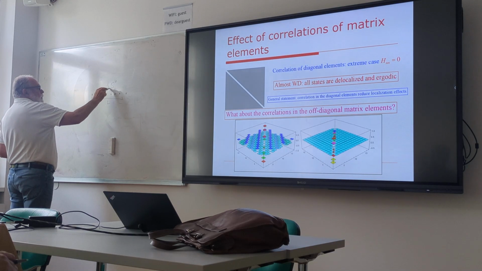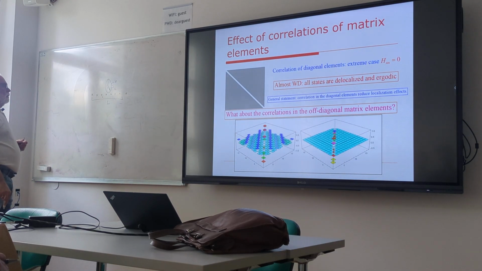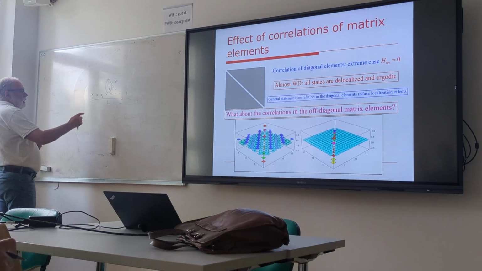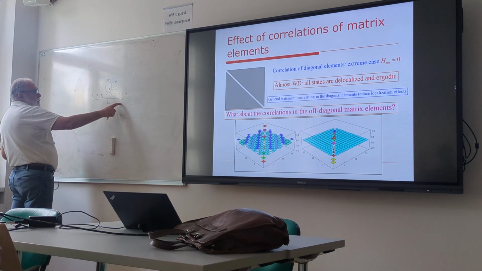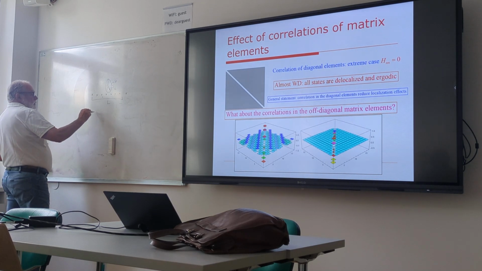So we have as many random numbers as the length of the system in real space. So we have L random numbers.